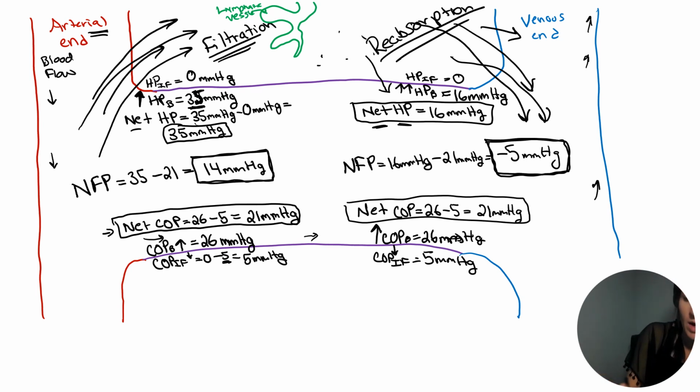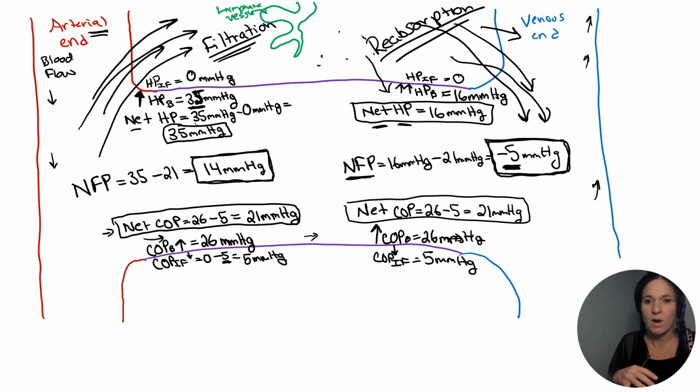Just to avoid any confusion, this net filtration pressure, when it's a negative number, can also be calculated differently and called net reabsorption pressure, which would be the same thing. It's going to show us that reabsorption is promoted down here at the venous end.